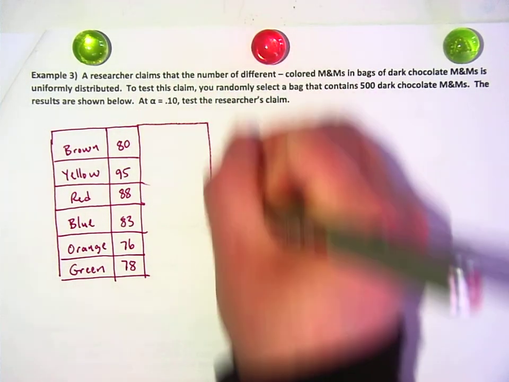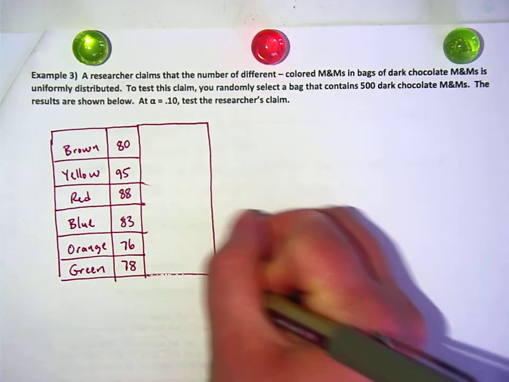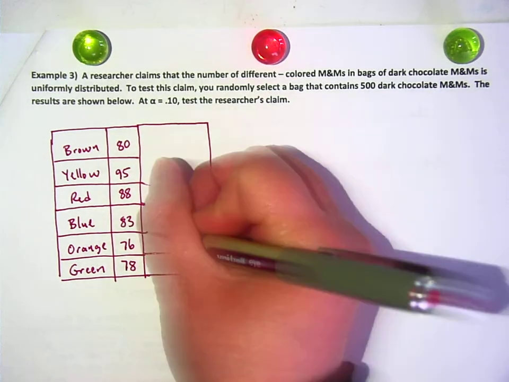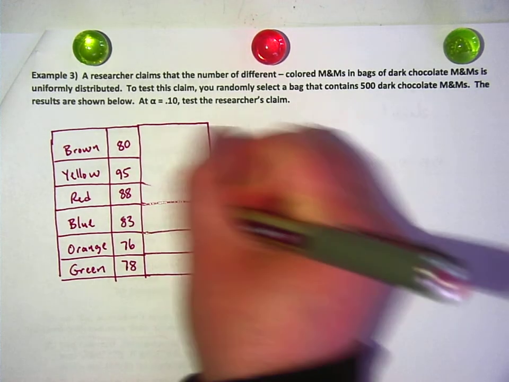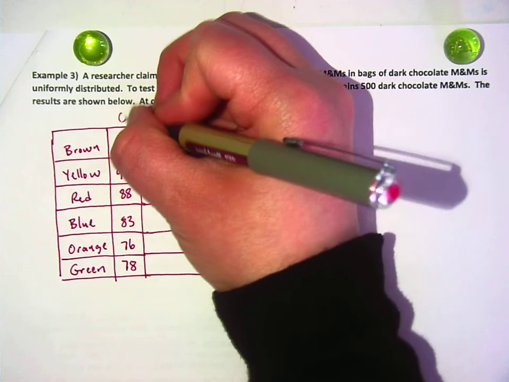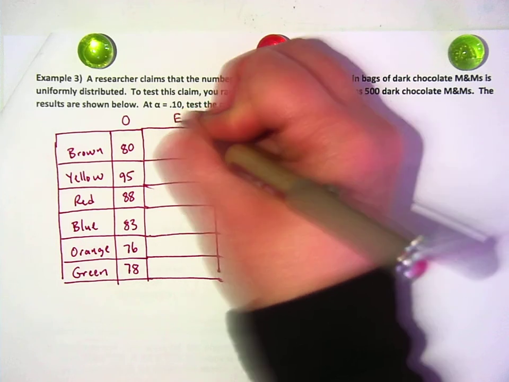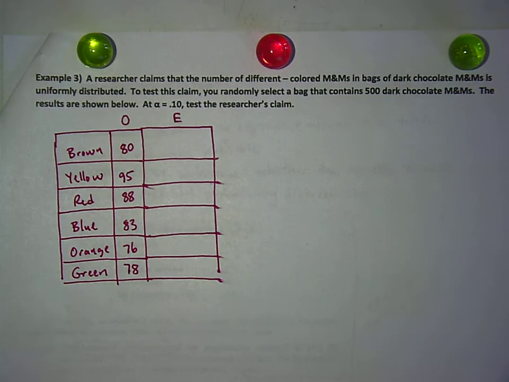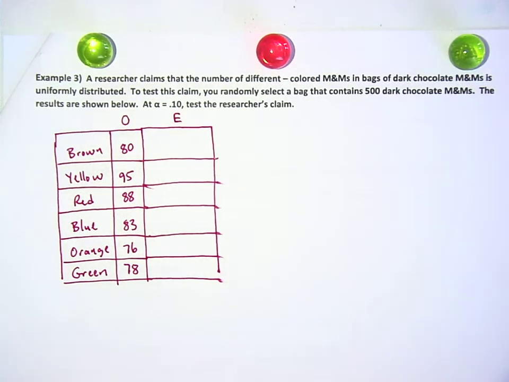Let's quickly find out what we expected to happen. This was observed. Expected. So what do we expect to have happen? It says that the person thinks that they are uniformly distributed.